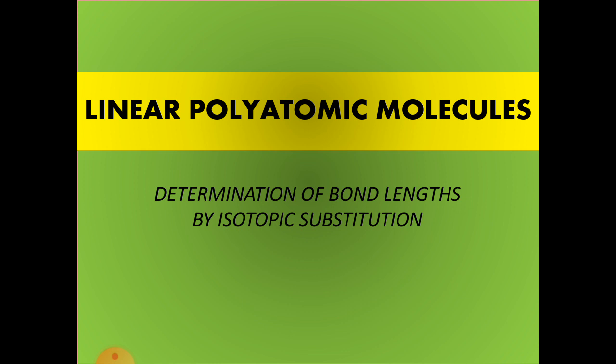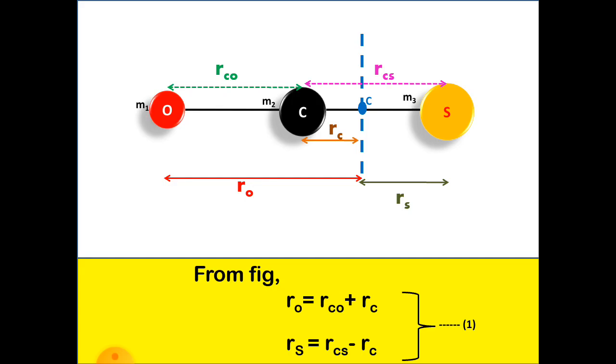For that, consider one example of a linear polyatomic molecule, carbonyl sulfide, OCS. This carbonyl sulfide has 3 atoms O, C and S having masses M1, M2 and M3 respectively and have 2 bond lengths RCO and RCS.